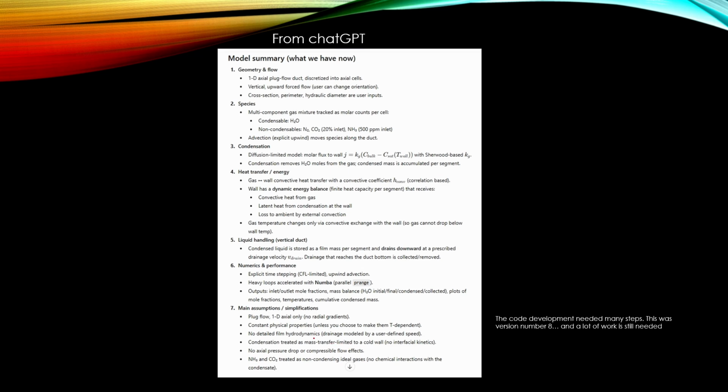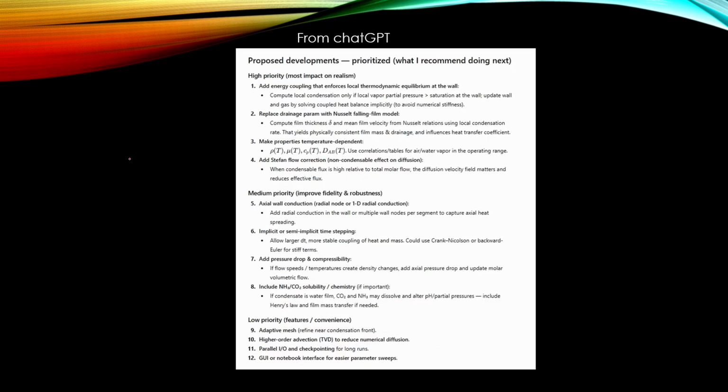The film hydrodynamics is very simple in this model. Then I also asked for proposals for development, and it seems that the highest priority is here. We should develop this energy coupling, but there are many other proposals also.